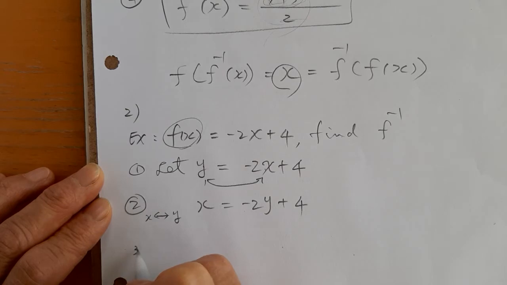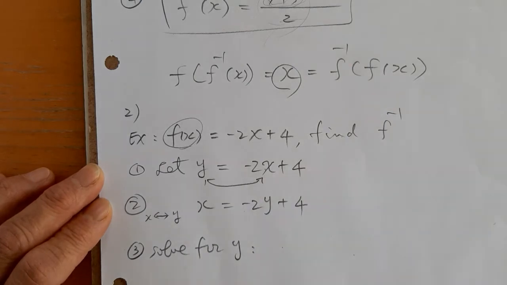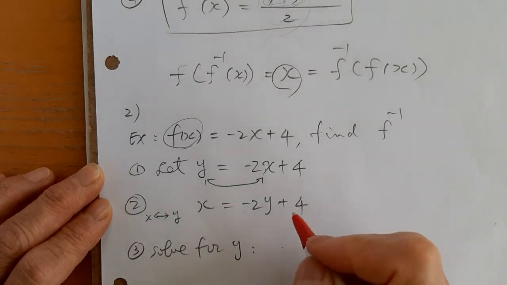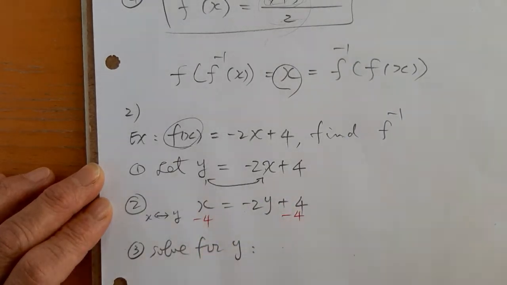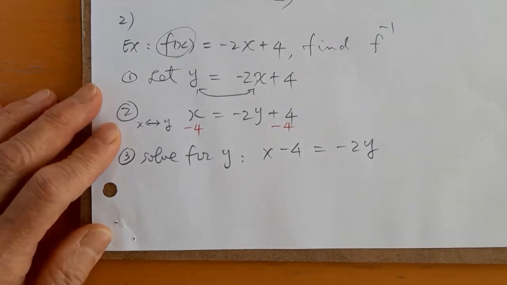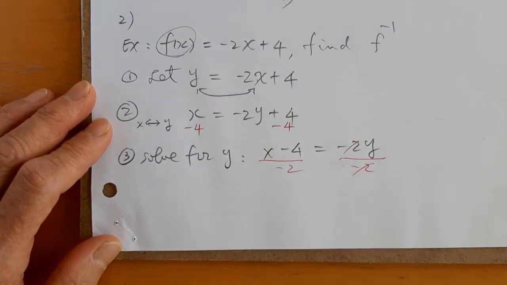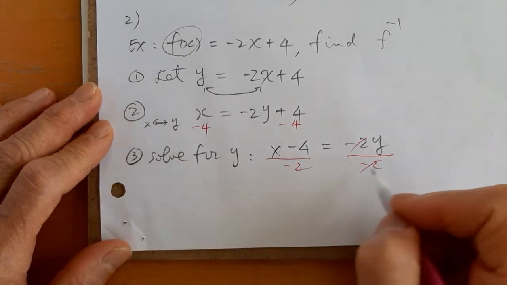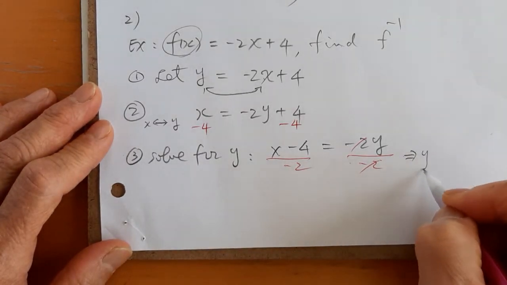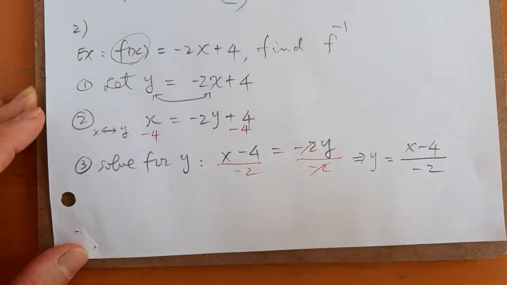Third step, solve for y. You isolate y, so you minus 4 on both sides. You get x minus 4 equals negative 2y. Then divide by negative 2, the negative 2 cancels, and you get y equals (x minus 4) over negative 2.